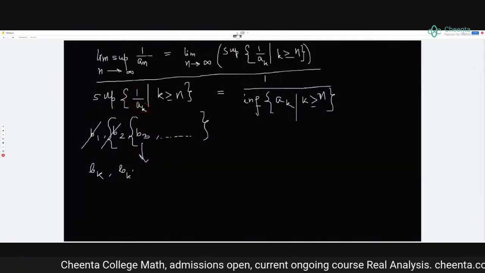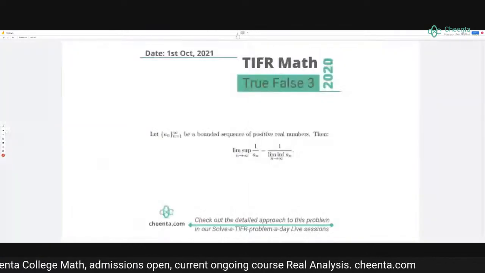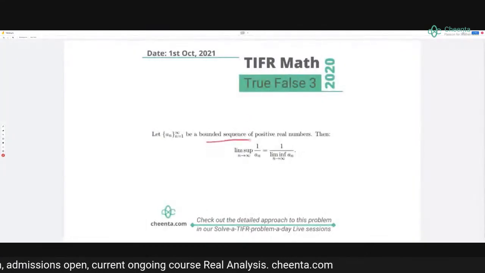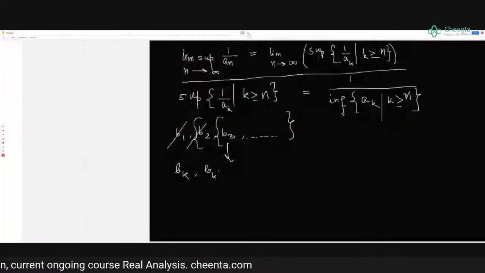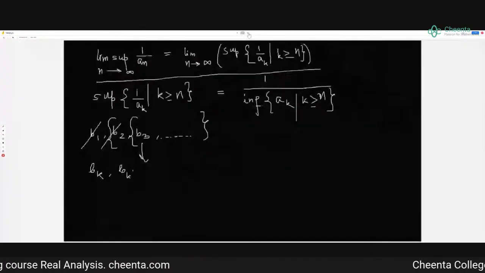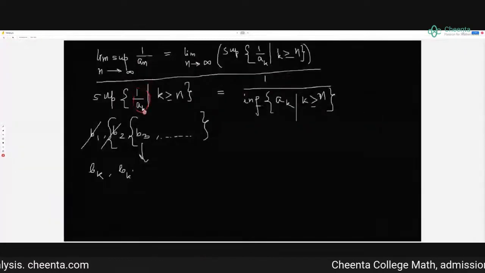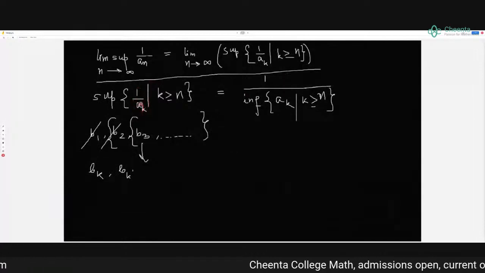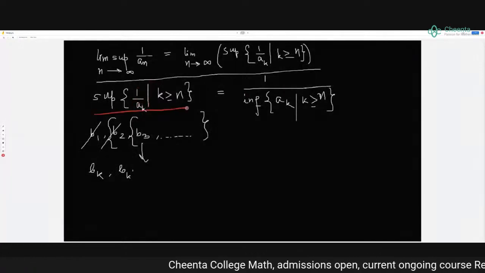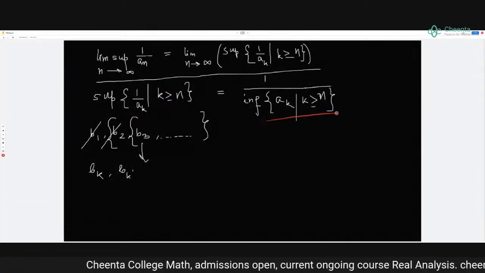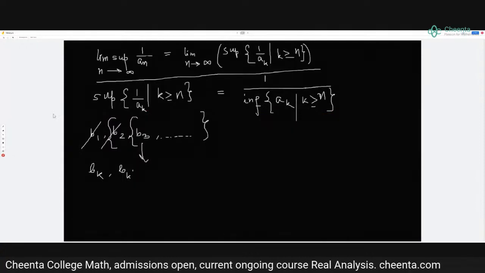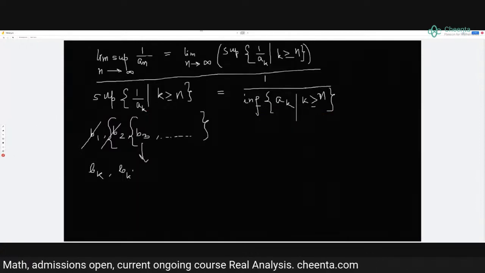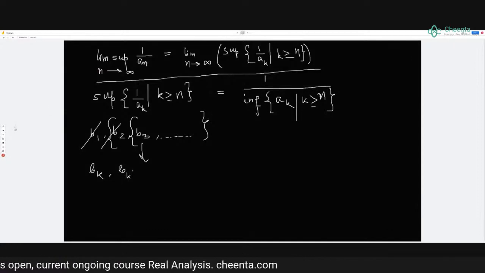And that is the reason we are explicitly using bounded positive real numbers, so that there is no negative term and no alternating sum. So 1 by ak will grow if ak is small, right? As a set theoretic notion, these two are precisely the same thing. Now you just have to apply the limit as n tends to infinity.